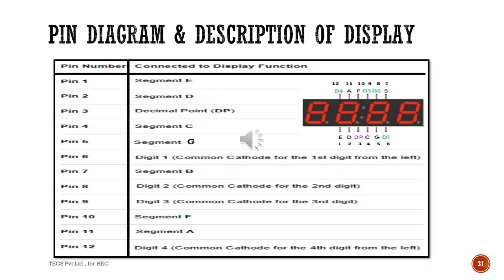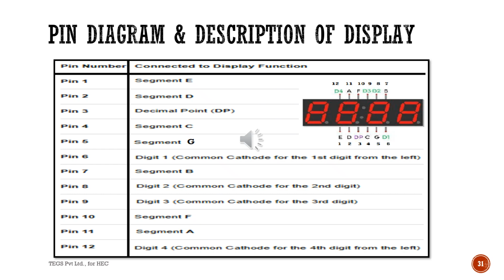Pin number 1 is segment E, pin number 2 segment D, pin number 3 decimal point, pin number 4 segment C, pin number 5 segment G, pin number 6 first digit common cathode, pin number 7 segment B, pin number 8 digit 2 common cathode, pin number 9 digit 3 common cathode, pin number 10 segment F, pin number 11 segment A, pin number 12 digit 4 common cathode.